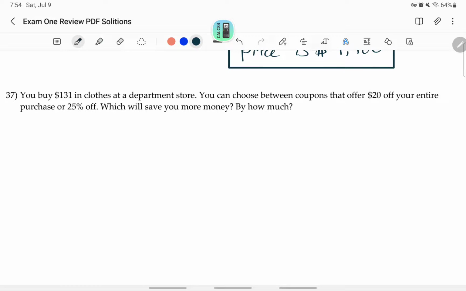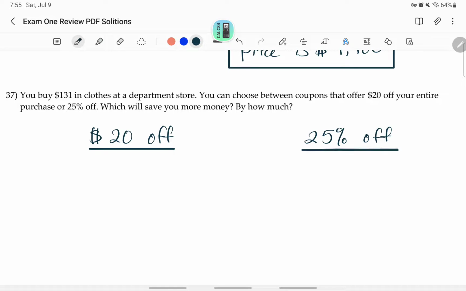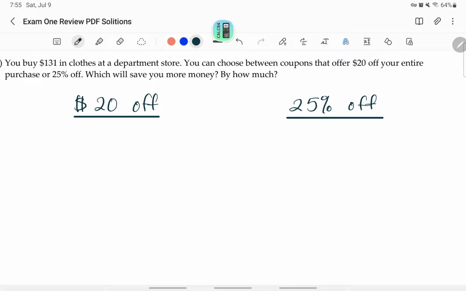All right, so we have two different approaches. Let's call this over here $20 off, and over here is going to be 25% off. Well, for the one that says $20 off, you're going to save $20.